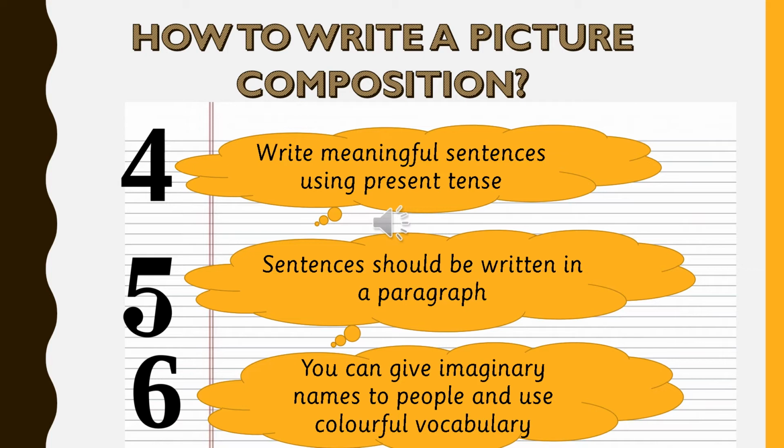To make your picture description more interesting, you can give imaginary names to people or use colorful vocabulary. This way you will enhance your picture composition and it will become really interesting for readers. Understood, children? Very good.